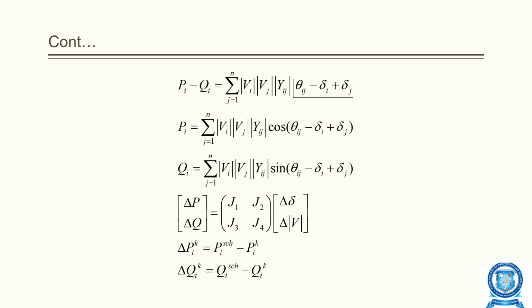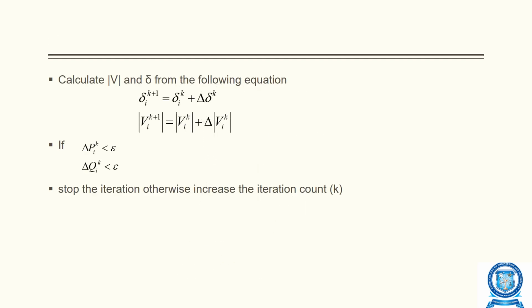By solving this, you can find the solution using the Newton-Raphson method. You need to calculate the delta value and Vi value, and check for convergence. If it is satisfied, you can stop, or else you go for the next iteration by updating the iteration count value. Thank you.